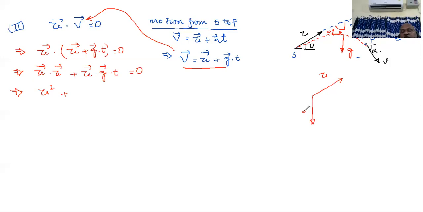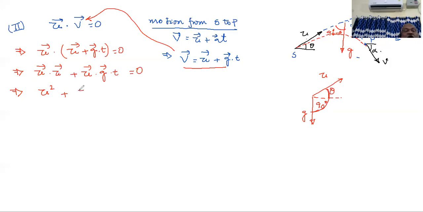to be placed here. If you consider the angle between them, because the scalar product a dot b vector must be equal to a magnitude into b magnitude into cos of the angle between them. The angle between the two vectors u and g is theta plus 90 degree.